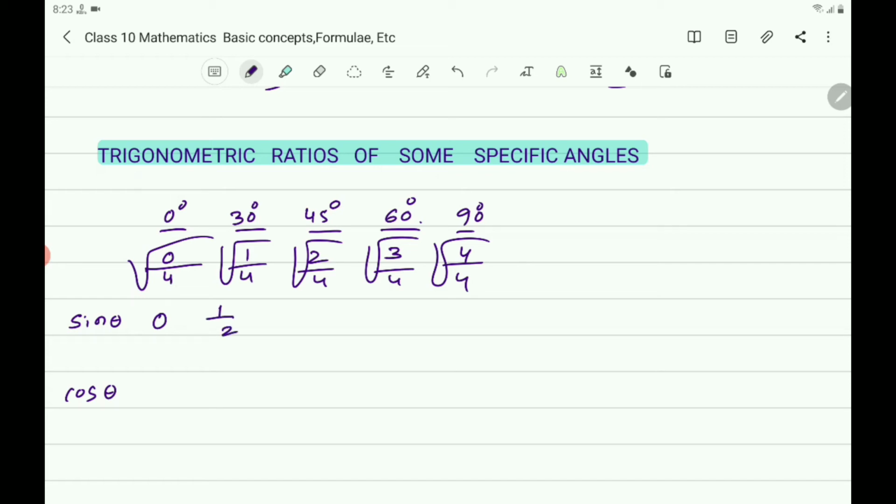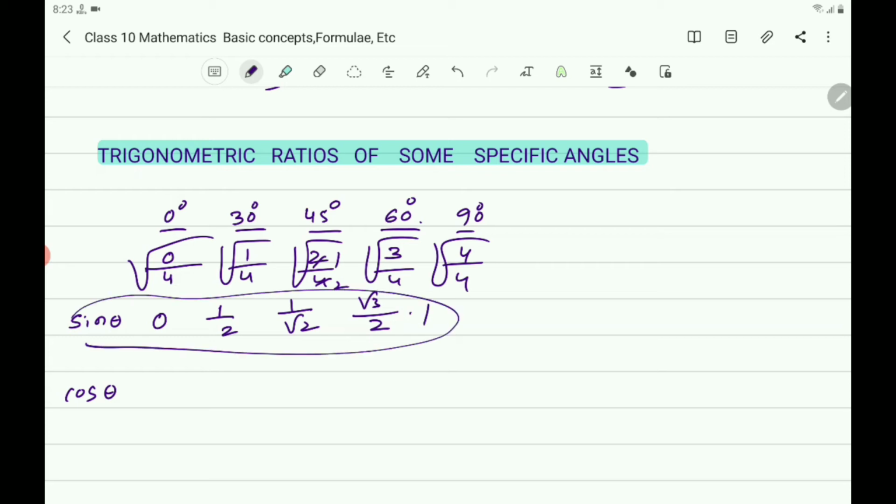Root 2 by 4 is root 1 by 2, that is 1 by root 2. Again, root 3 by 4 is root 3 by 2, square root of 4 is 2. Then 4 by 4 is 1, root 1 is 1. So these are the values of sin 0, sin 30, sin 45, sin 60 and sin 90.